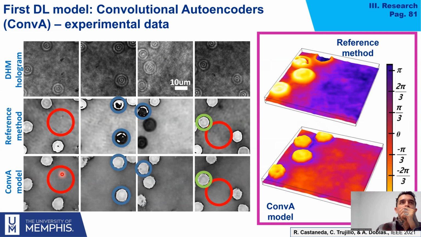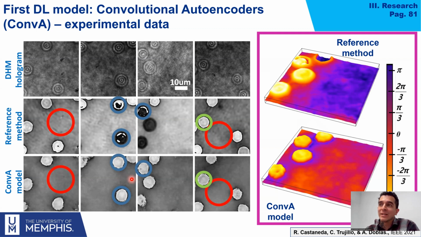Another interesting result is that with the conventional reference method, in some cases, the phase reconstruction has perturbations. However, the reconstruction that we obtain doesn't present this problem, so we are obtaining homogeneous information from the phase of the red blood cells.